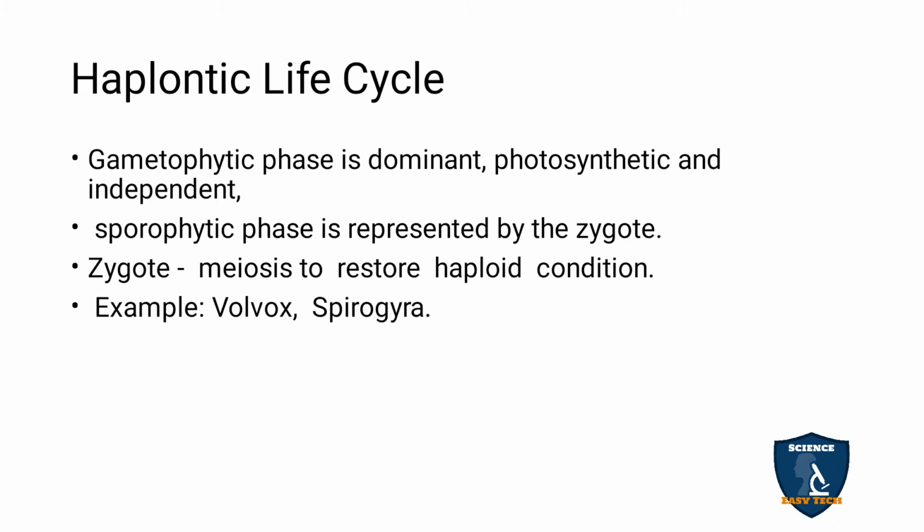The zygote is 2n, that is diploid in condition. It divides and restores the haploid spores, that is the haploid condition. So the zygotic phase is short-lived, and it is seen in Volvox and Spirogyra.